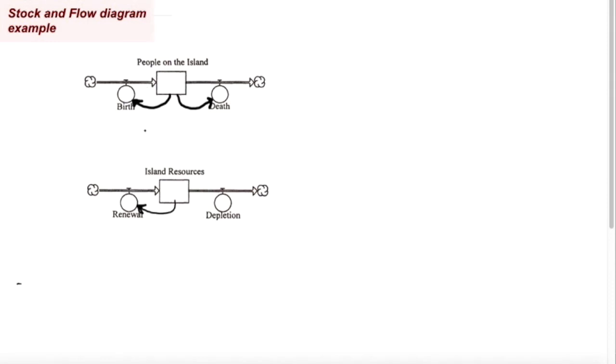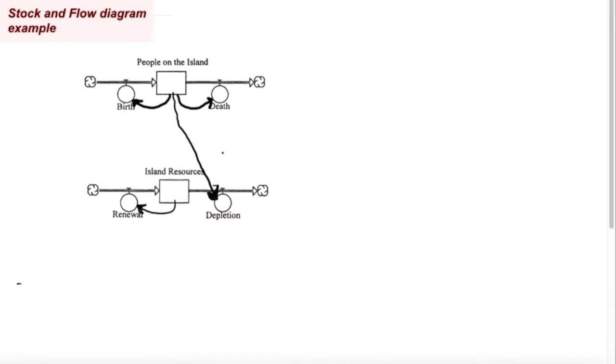So how are the people on the island and the island resources connected? Well, let's think about that. If you notice, the people on the island will be the ones who deplete the island resources, right? So obviously we have a connection here.